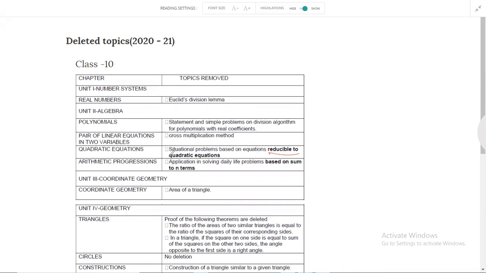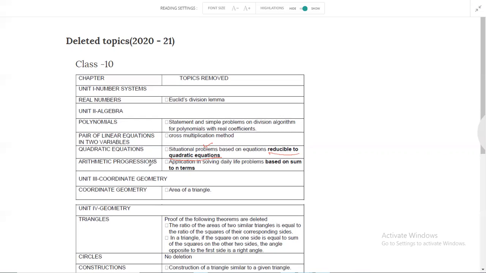This part you need to take care of, as there will be situational problems based on quadratic equations, but there will not be any situational problems based upon equations reducible to quadratic equations. From this chapter, you will be getting problems related to the roots of the quadratic equation, and word problems where you need to frame the quadratic equation and solve. Those types of questions will be coming.